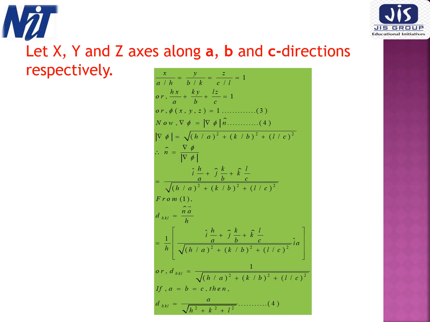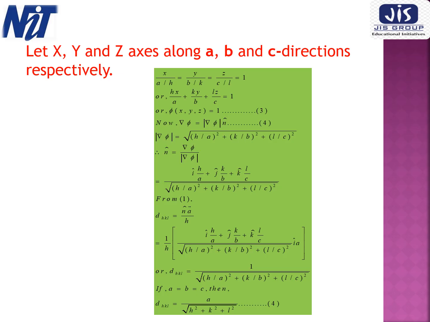Now the value of the unit normal vector n will be equal to del phi by the magnitude of del phi. We know that this del phi can be written with the vectors i, j, k. So we will write this as i h by a plus j k by b plus k l by c, and the magnitude of this del phi is under root of h by a square plus k by b square plus l by c square.